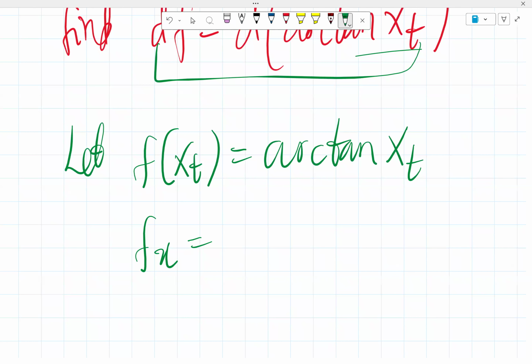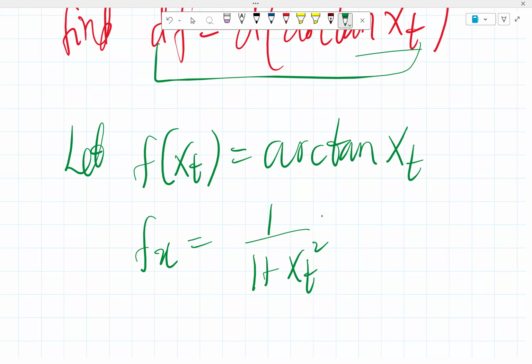If you follow my calculus series, you discover that if you differentiate arctan, you get 1 over 1 plus xt squared. Basic calculus should be a prerequisite for stochastic calculus.